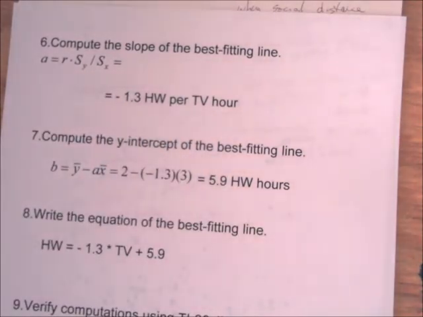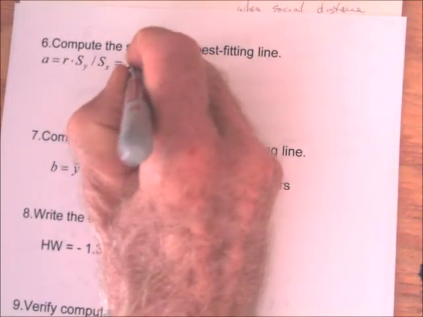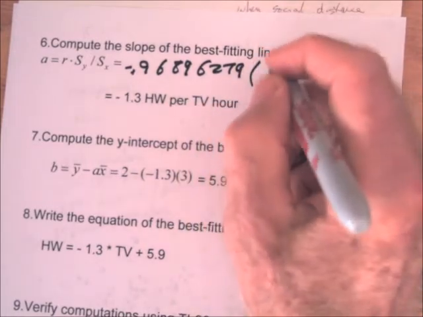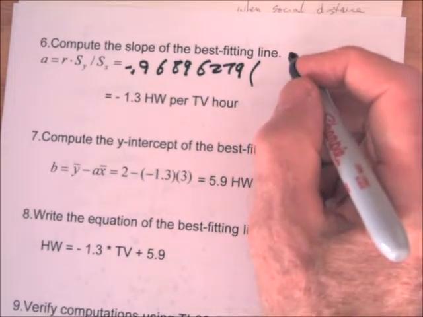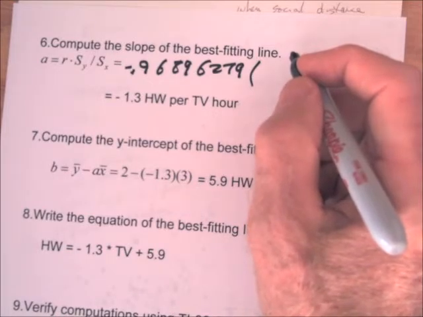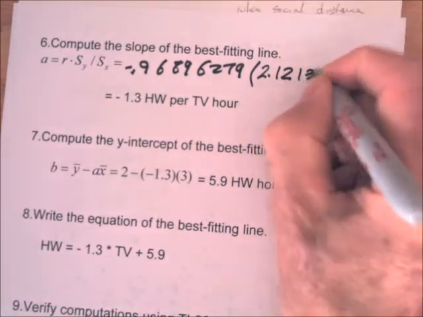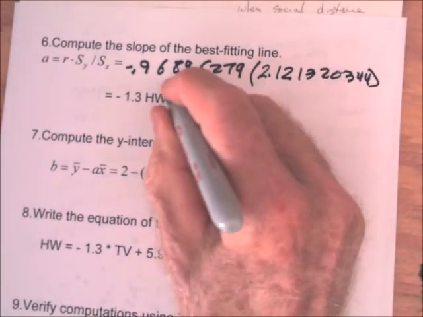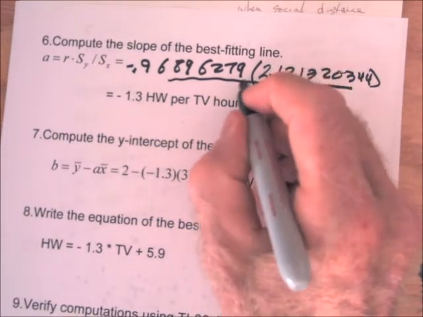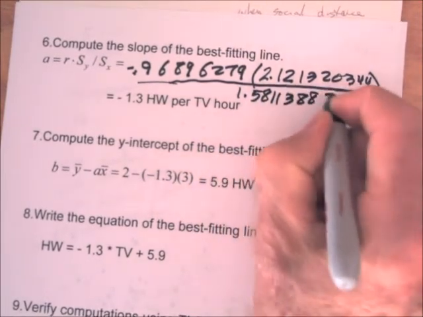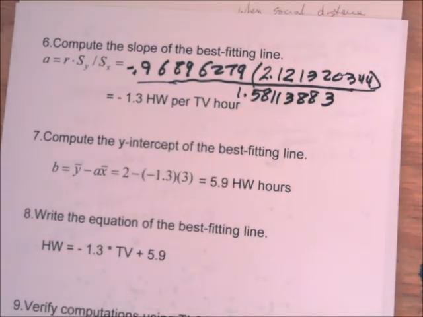So R is negative 0.96896296279, and the standard deviation for y we computed before was 2.12132034, and we want to divide by the standard deviation for x, which is 1.58113883, and that comes out to be negative 1.3 homework hours per TV hour.